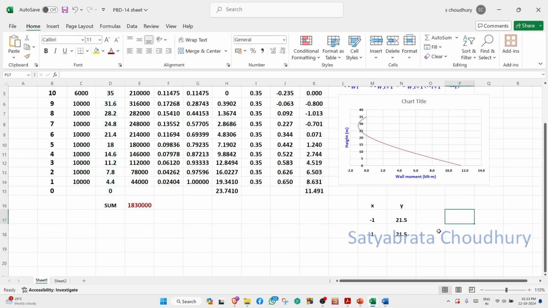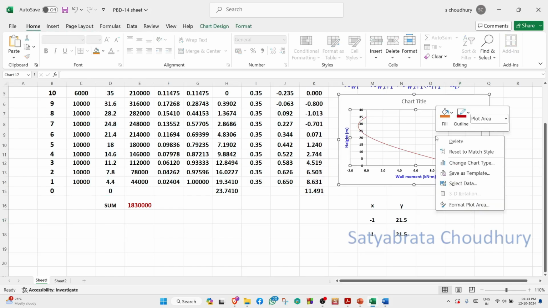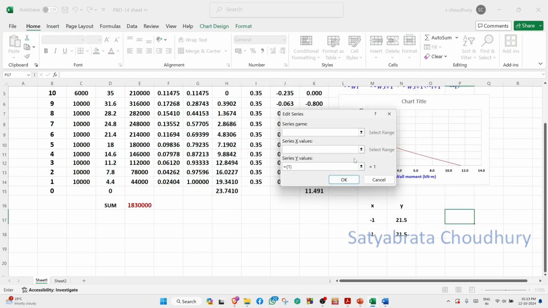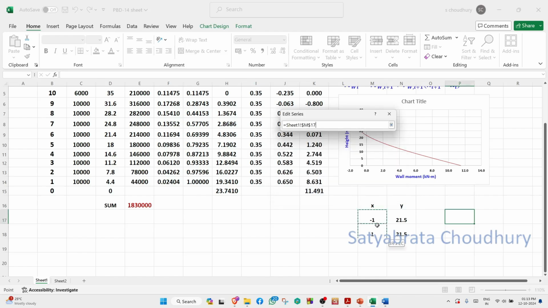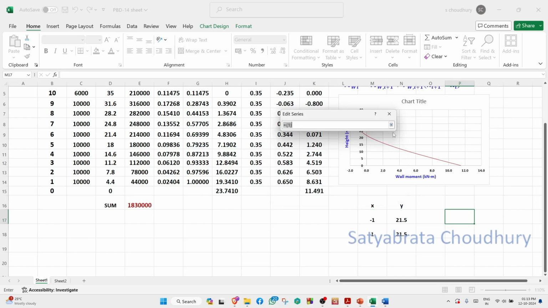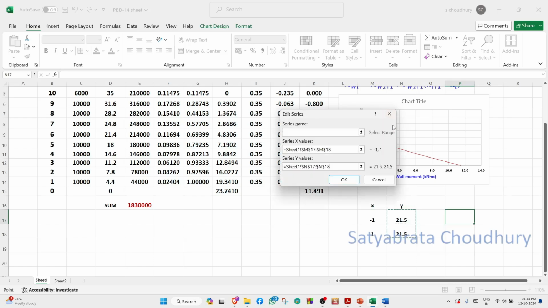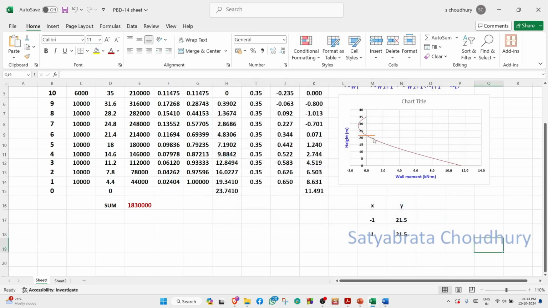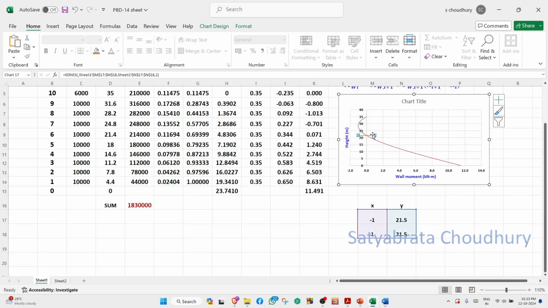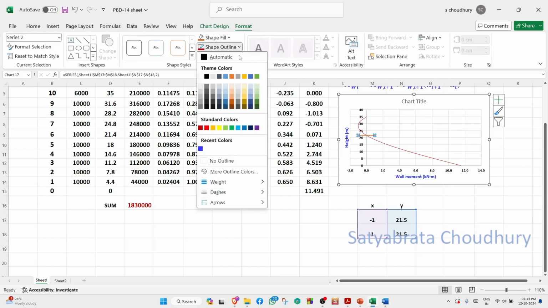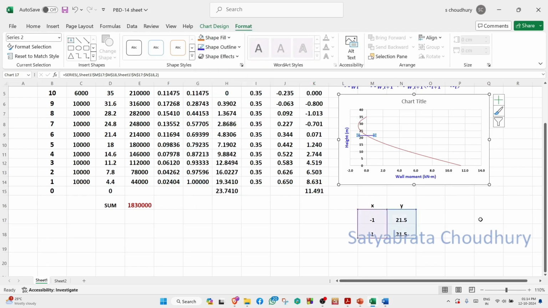Now this we want to add up as a new graph, so select data and add, then the x-axis are these values, and the y-axis are these values. So you get a horizontal line, and these two lines should meet exactly at the point where it is 0.